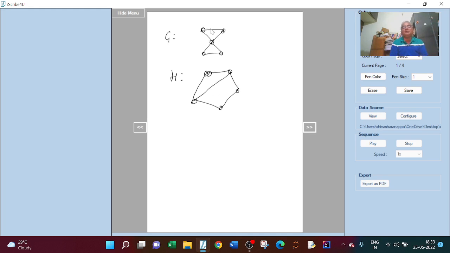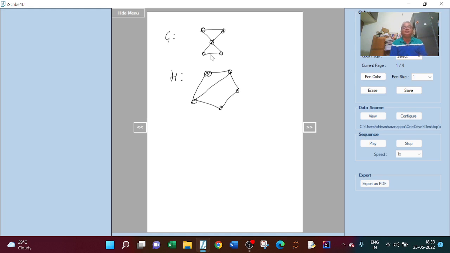If I label the graphs G and H, it is not possible to find a function from the vertex set of G to the vertex set of H such that uv is adjacent in G if and only if f(u), f(v) is adjacent in H. Because here we can observe that there is a cycle of length 4 in G, but there is no cycle of length 4 in H. Or we can say that there is a vertex of degree 4, but here there is no vertex of degree 4.